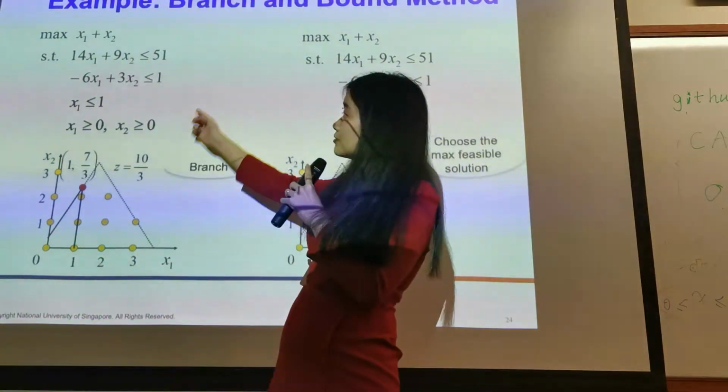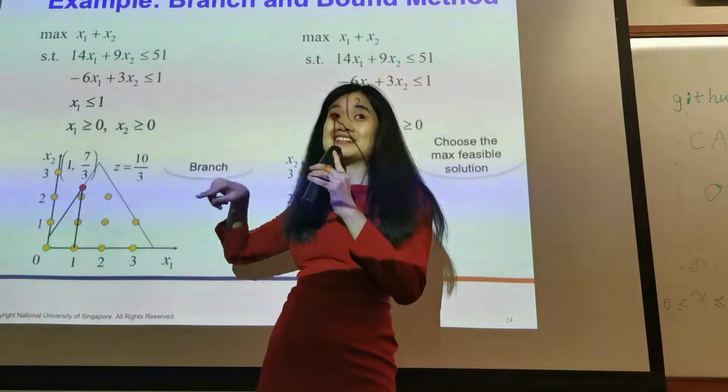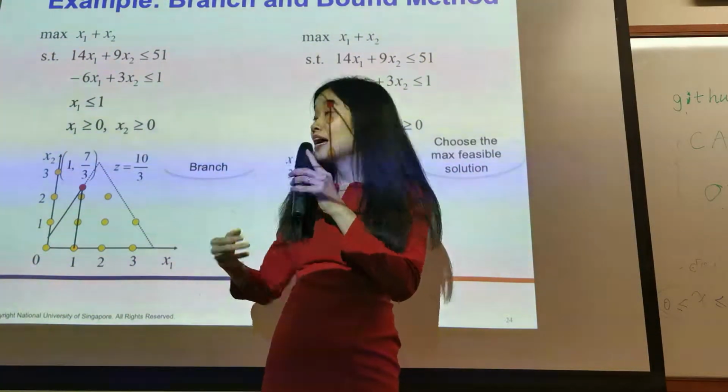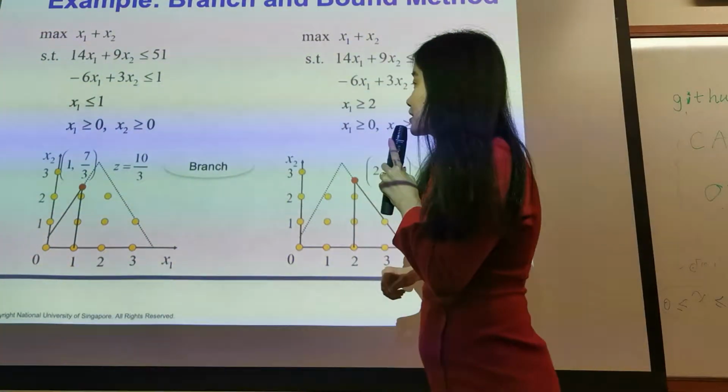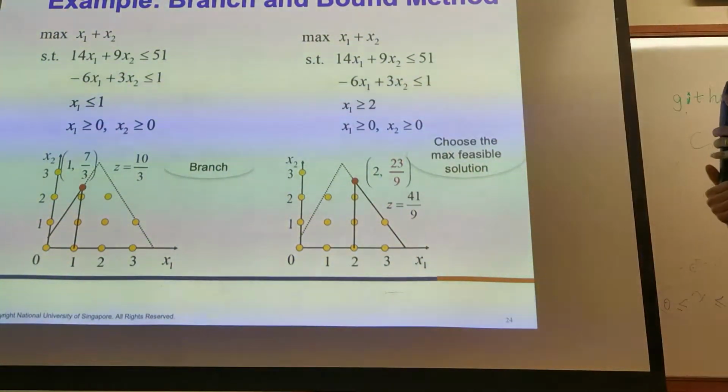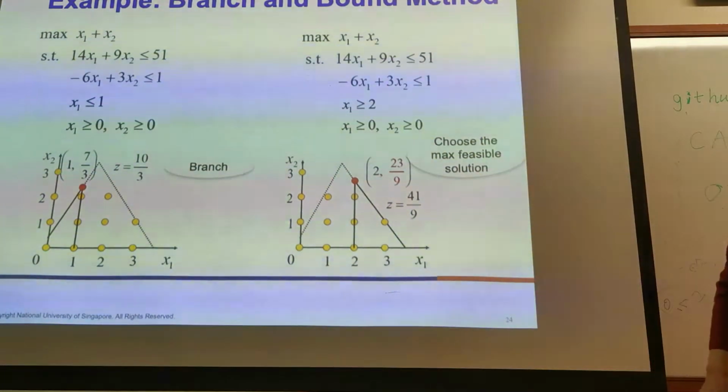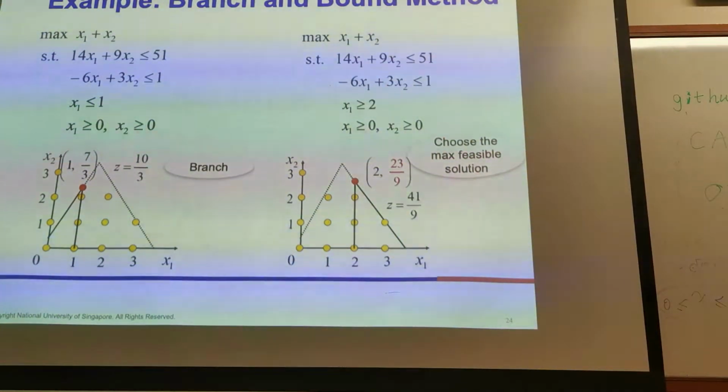But we still just solve this LP using the LP algorithm and got my solution, and my z value, my objective function, is 10 over 3. All right, and the same for the other branch, I solve it and got my feasible solution. Again, x1 is at the boundary, so x1 is 2, and x2 is 23 over 9, which is larger.